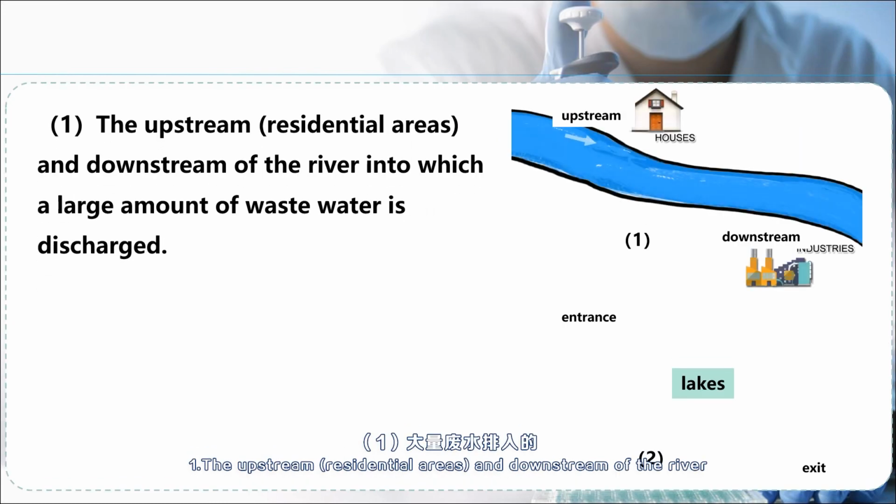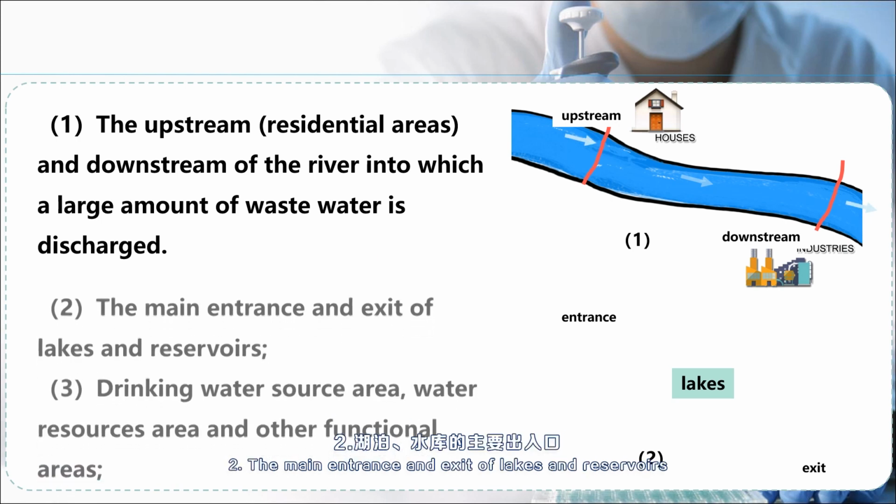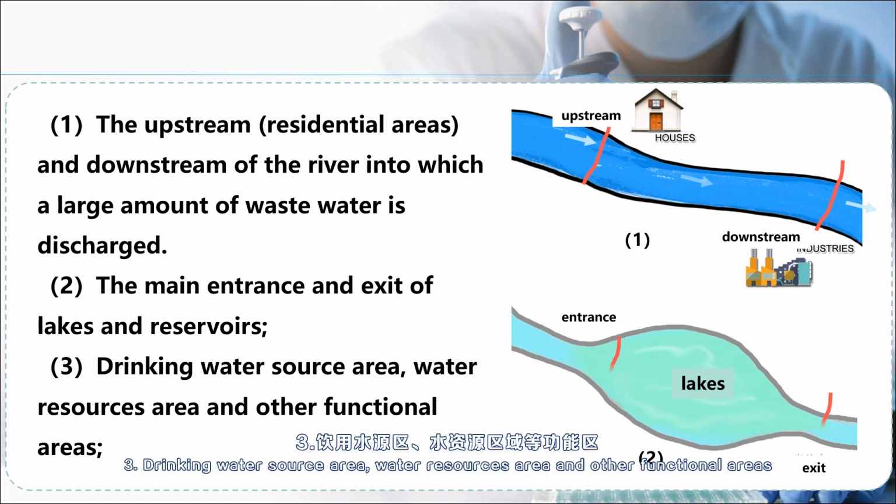1. The upstream residential areas and downstream of the river into which a large amount of wastewater is discharged. 2. The main entrance and exit of lakes and reservoirs. 3. Drinking water source area, water resources area, and other functional areas. 4.